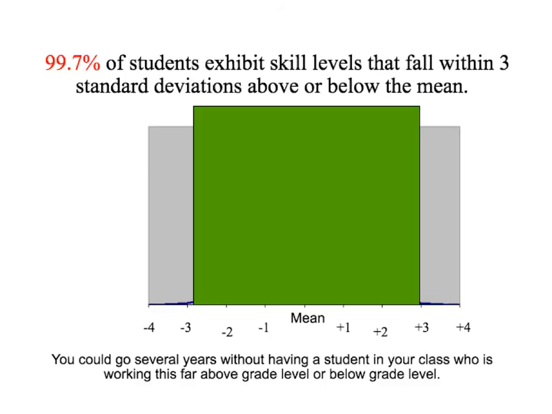So that's a very, very small group of students here at the lower edges and here at the upper edges. And you could go for several years without having a student in your class who is working this far above grade level or this far below grade level, because those kids are rare and exceptional.